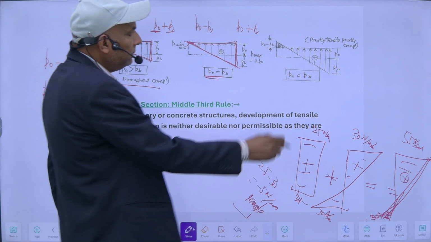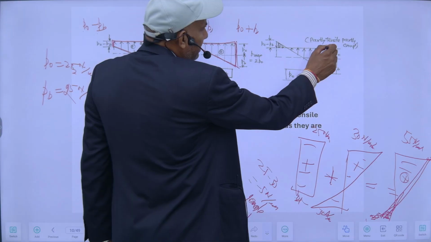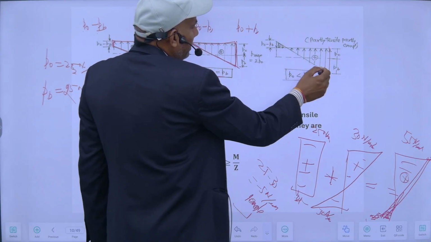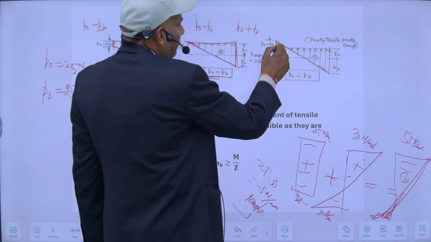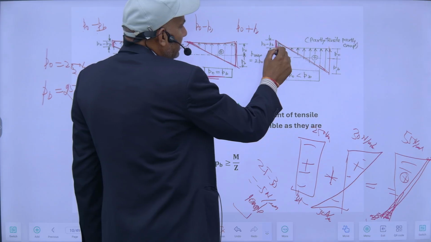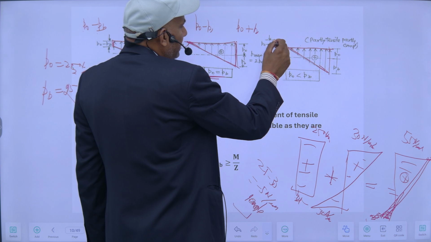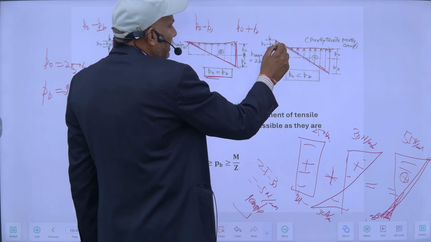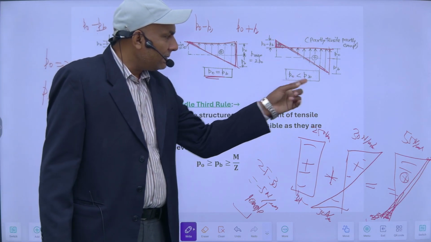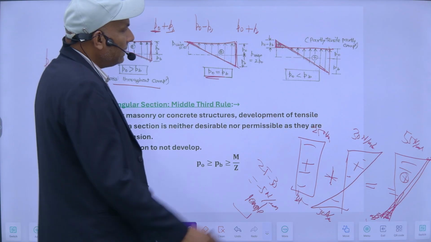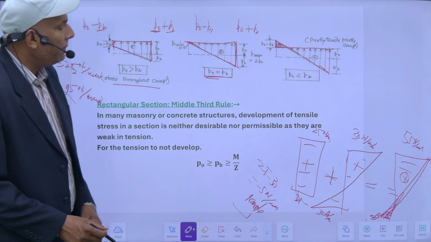So when the direct stress becomes lesser than the bending stresses, my stress diagram will be here. It means on this face there is some sort of tensile stress. This is a baseline, and my stress here will be on the other side of the baseline, so it will be minus here. This is highly undesirable in machinery structure.